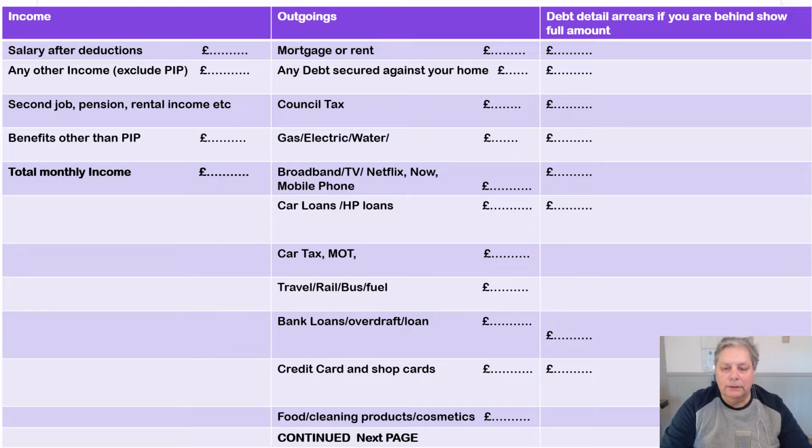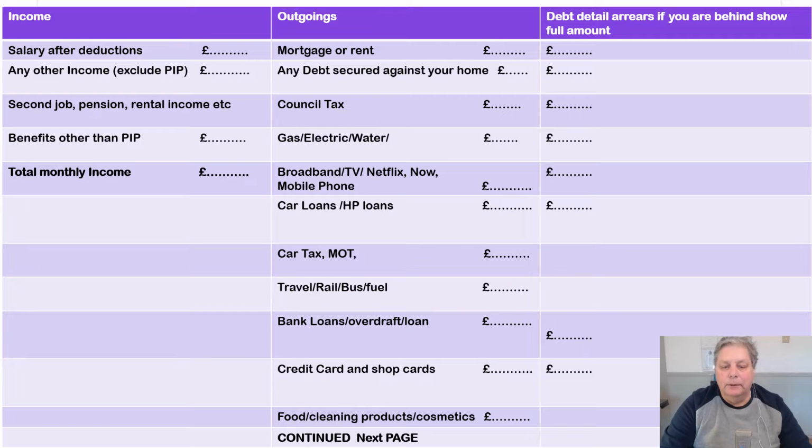In the right hand column, we're identifying the capital, the amount owed in total, not the monthly outgoings, in relation to each of those items next to it.